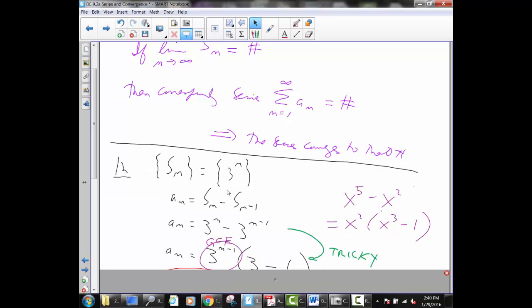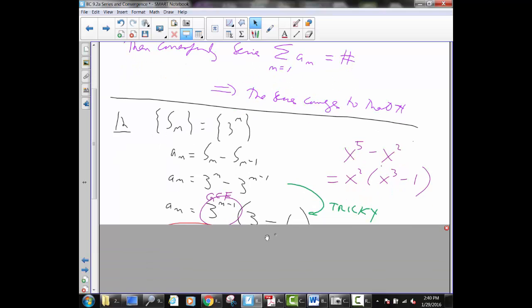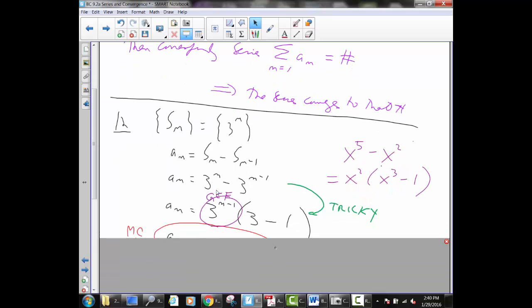Here's us changing our Sn into an, find the corresponding series for the given sequence of partial sums. So there's that formula, an equals Sn minus Sn minus 1, which in our case is 3 to the n minus 3 to the n minus 1. Now this is a bit tricky. I am factoring out. If you think about when you factor x to the fifth minus x squared, you factor out the common factor to its smallest exponent.